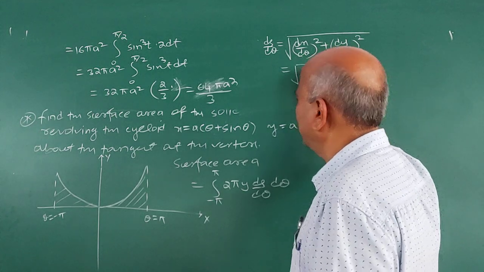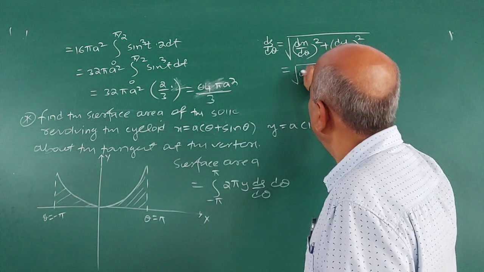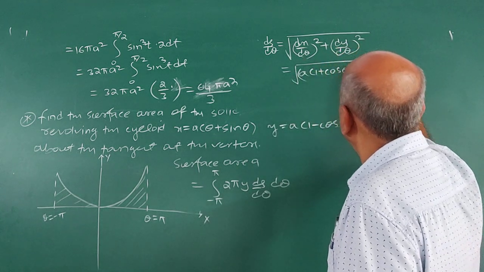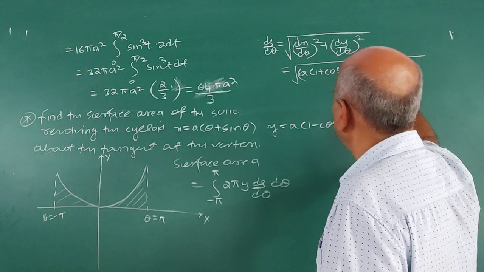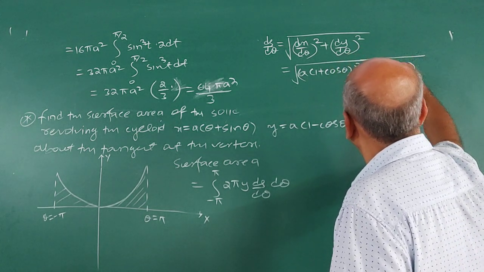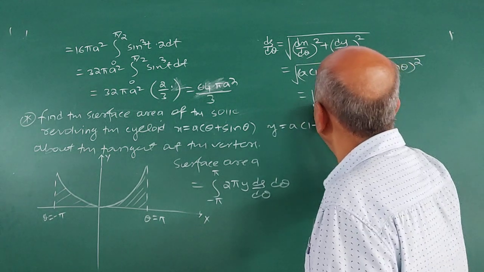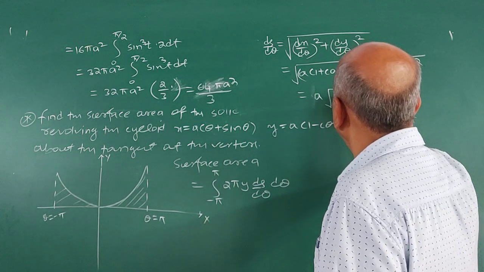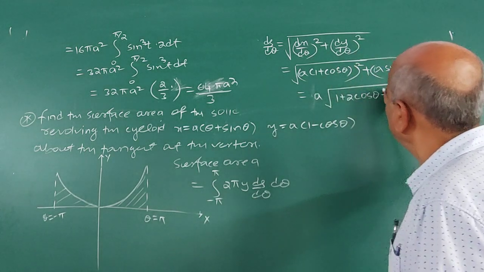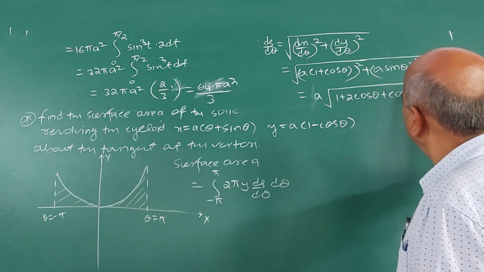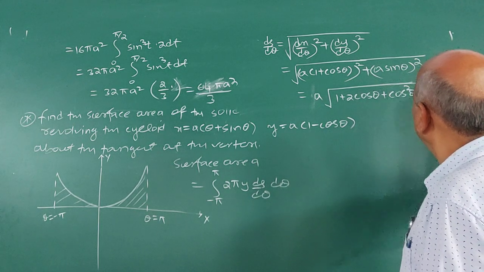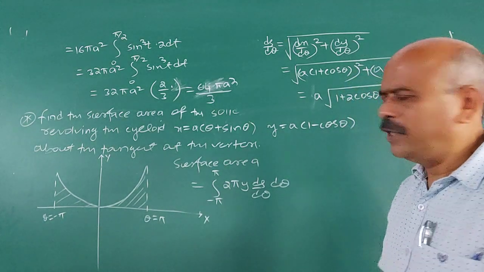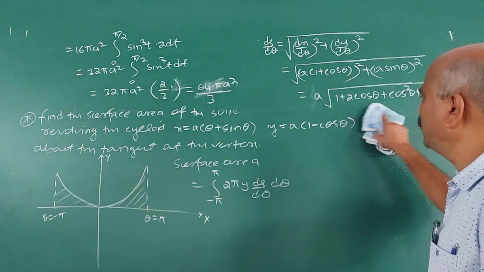Therefore, it is square root of dx by d theta, which is a into 1 plus cos theta, whole square, plus dy by d theta, which is a sin theta, whole square. It is therefore a into square root of 1 plus 2 cos theta plus cos square theta plus sin square theta. I think no explanation is required here. It is straightforward.